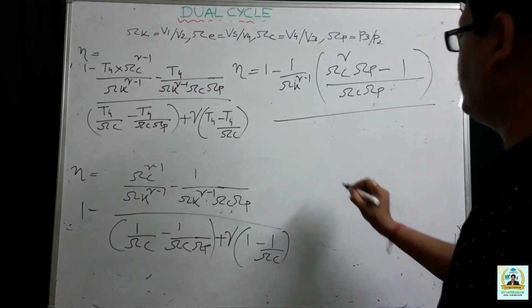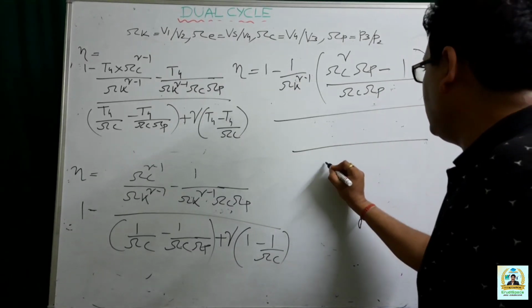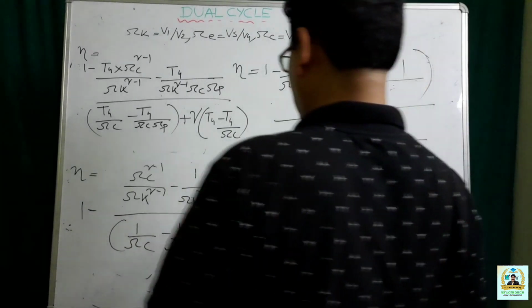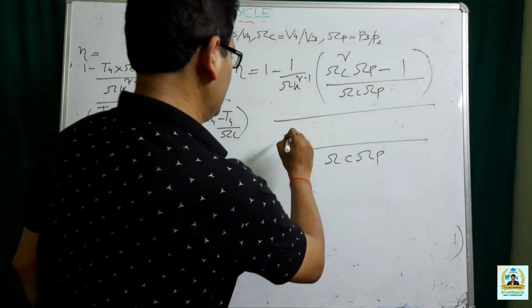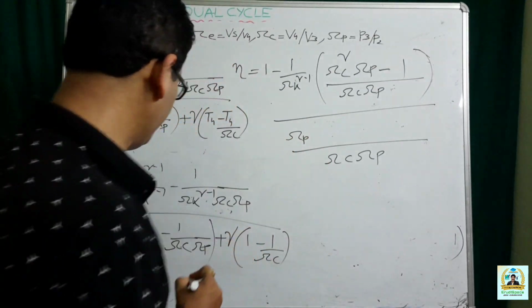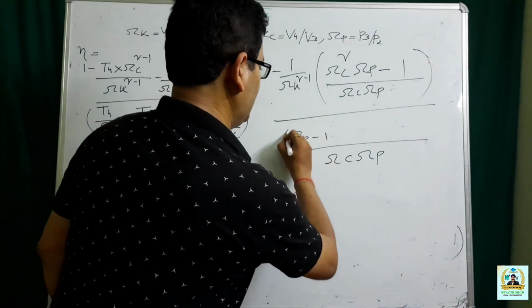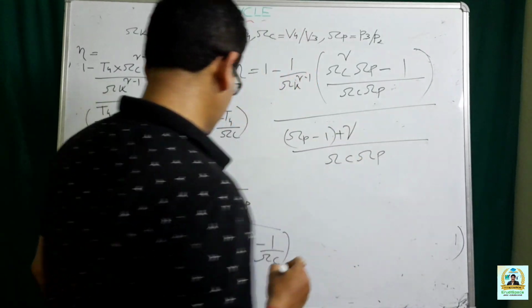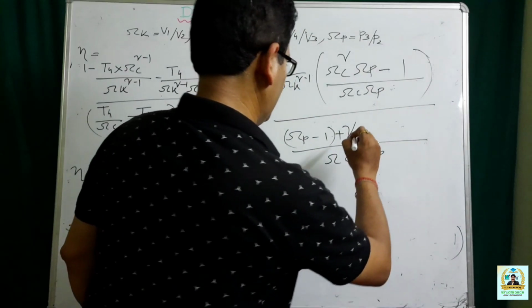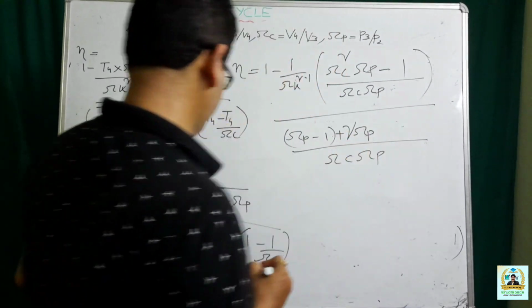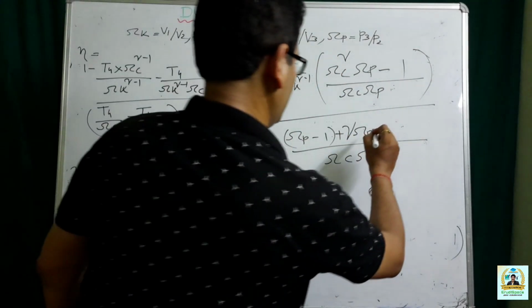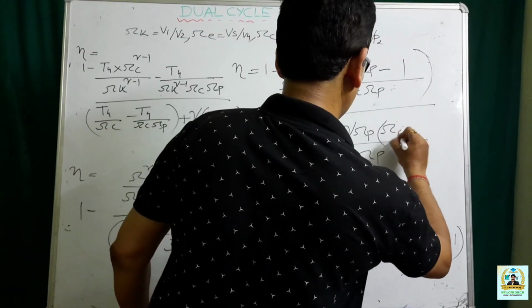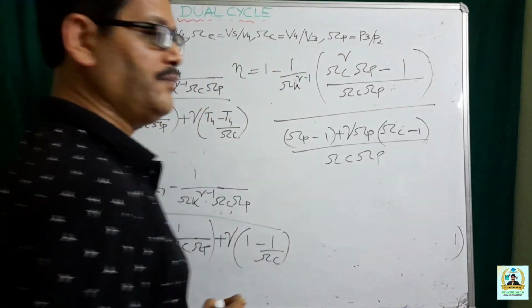divided by, you can take RC into RP as LCM. So you get this as RP minus 1 plus gamma times RP into RC minus 1.